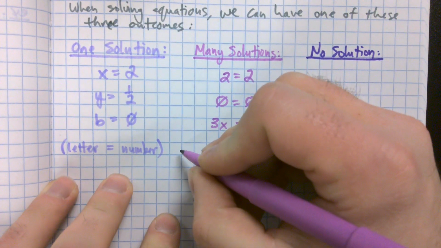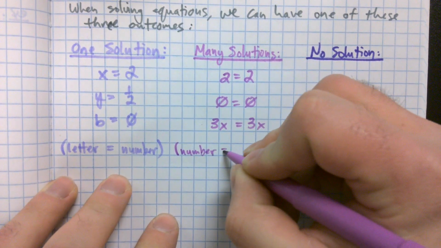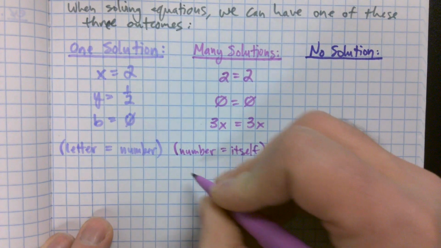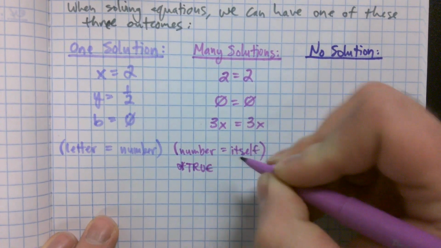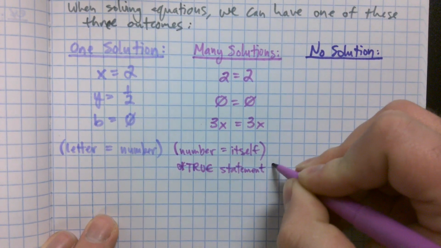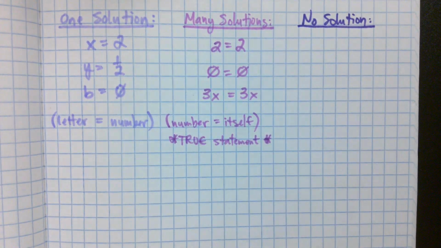So for many solutions, we know that we have many solutions if we have number equals itself. Also known as a true statement, which is what we're used to seeing, like with our unit on functions.